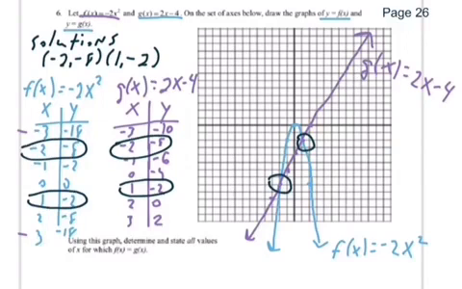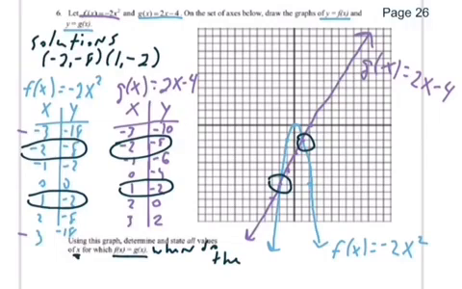Now the question on the bottom, using the graph, determine and state all values of x. So again, they only want you to find the x values when f of x equals g of x, meaning when do they intersect?